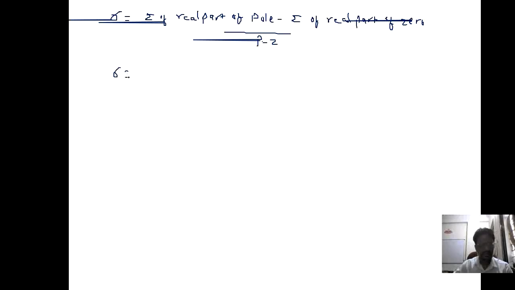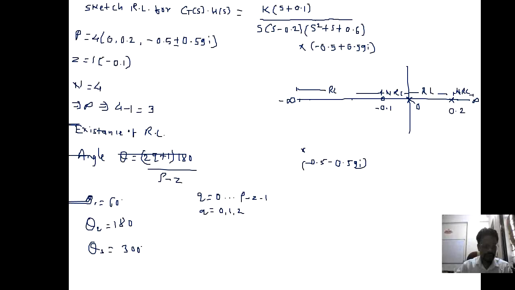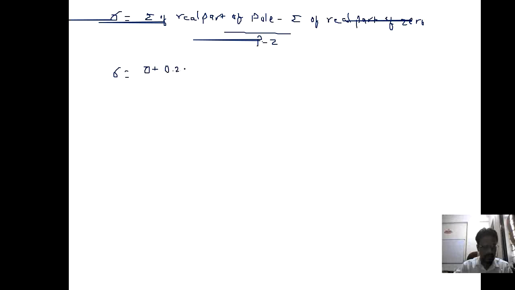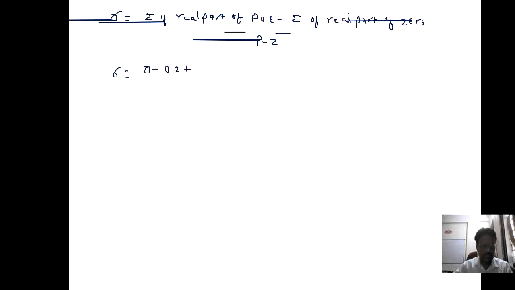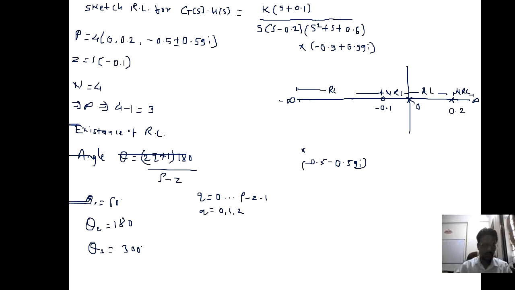So sigma is equal to the summation of the real parts of the poles, minus the summation of the real parts of the zeros. The first value is 0, plus 0.2, plus minus 0.5, plus minus 0.5, minus the summation of the real part of the zero. The zero value is minus 0.1.